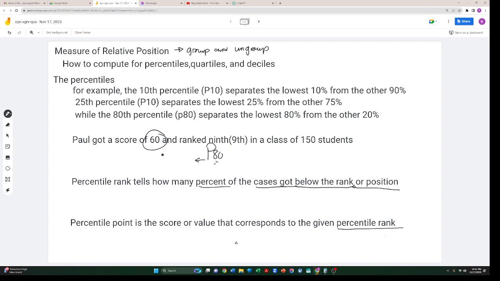Okay? And ang kanang 80 is represented as 80%. Okay? Ika-80 ko na position sa rank. So again, percentile rank tells how many percent of the cases got below the rank or position. The score of Paul is 60.